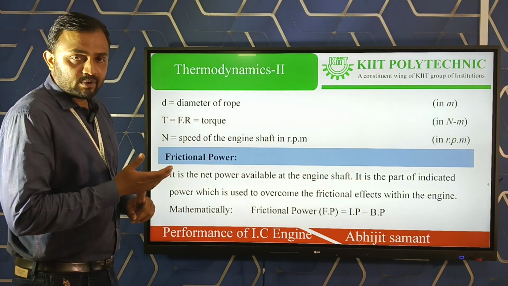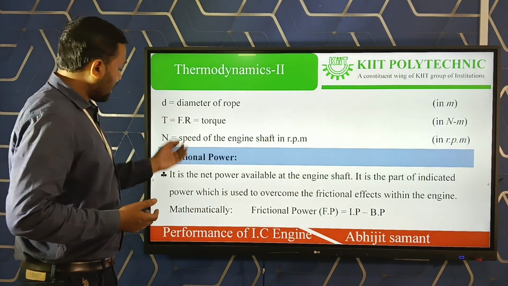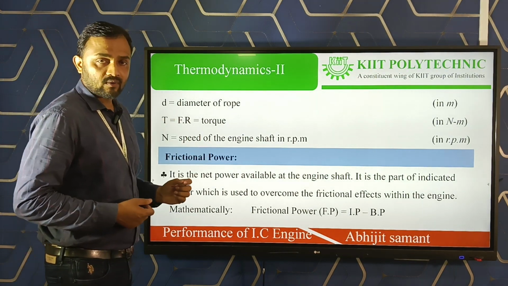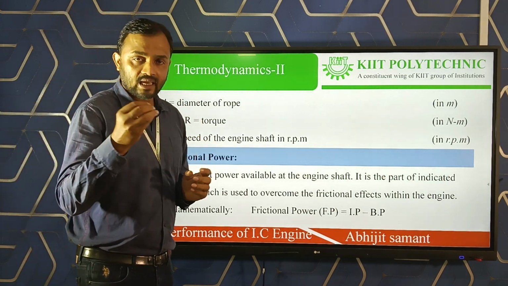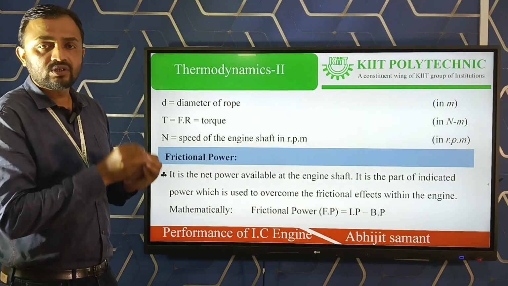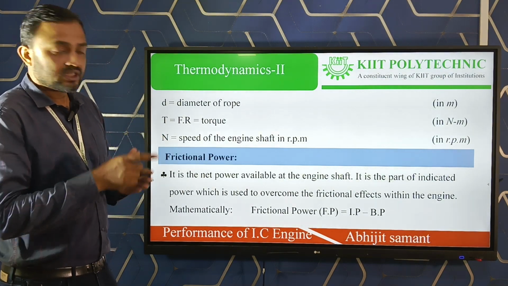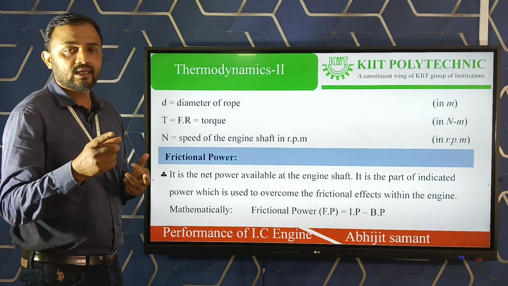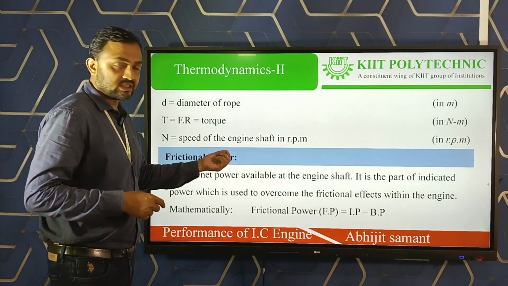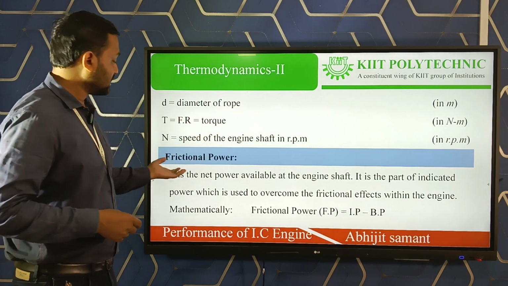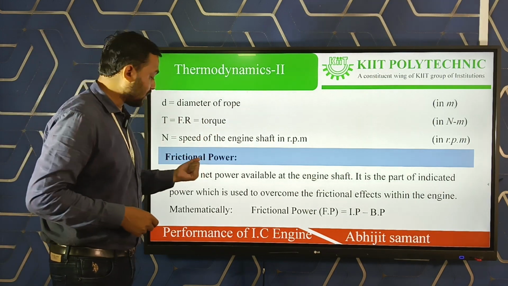One is indicated power and one is brake power. Another one is frictional power. The power developed by the combustion of air fuel mixture is not entirely utilized to drive the engine. The losses that happen in the engine are termed frictional power.